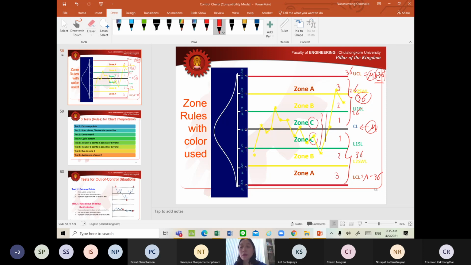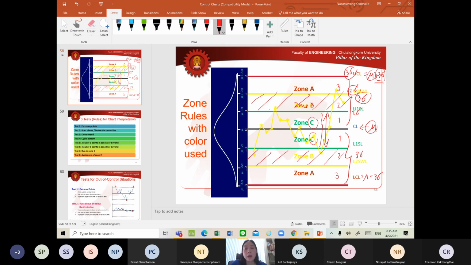Since zone C is right here, zone B is defined as the area from 1 sigma to 2 sigma. You will see zone B on both sides of the control chart, the upper side and the lower side. Same thing for zone A. It starts from 2 sigma to 3 sigma.